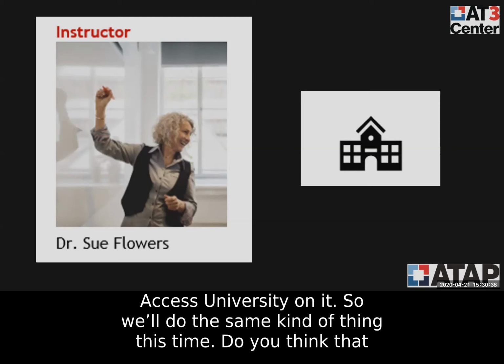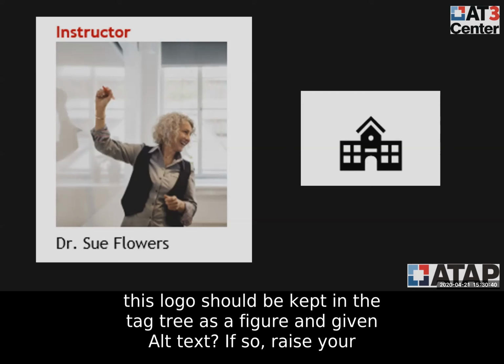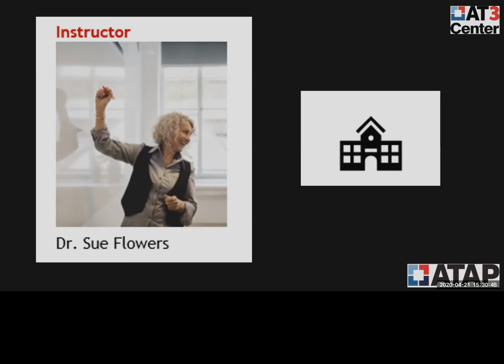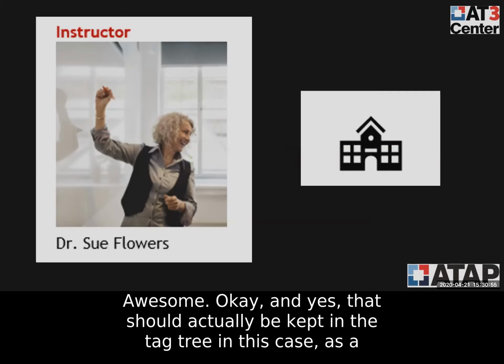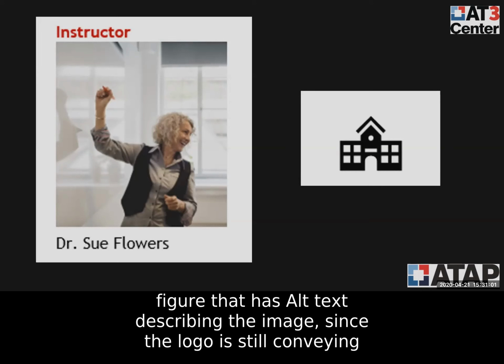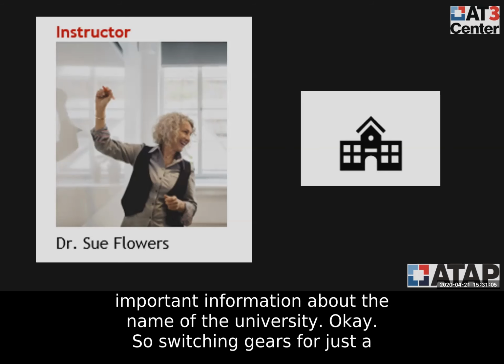Do you think that this logo should be kept in the tag tree as a figure and given alt text? If so, raise your hand. I'm seeing a few more hand raises this time. Awesome. Yes, that should be kept in the tag tree as a figure that has alt text describing the image, since the logo is still conveying important information about the name of the university.